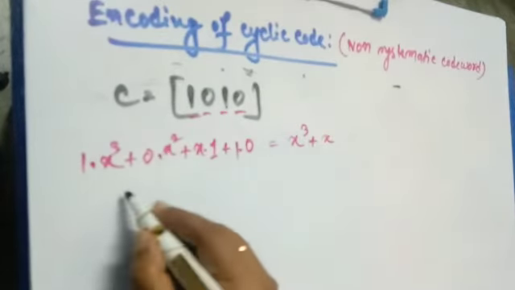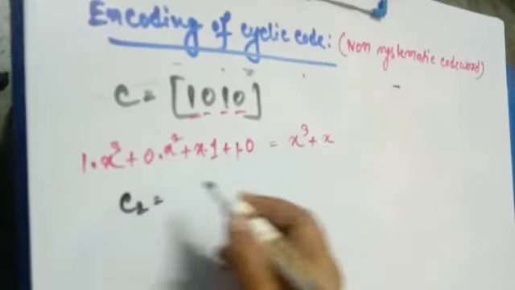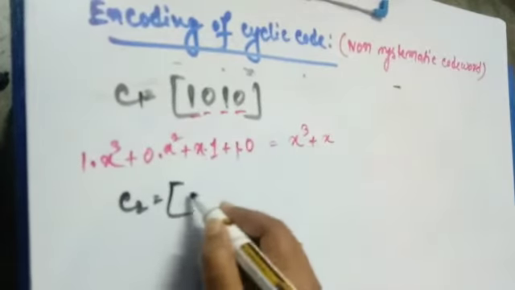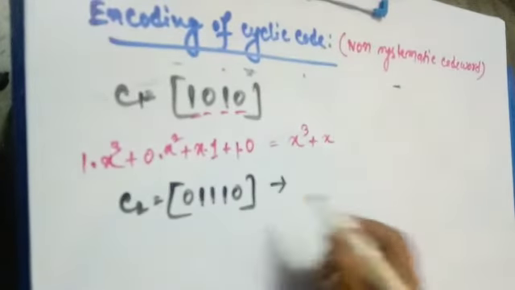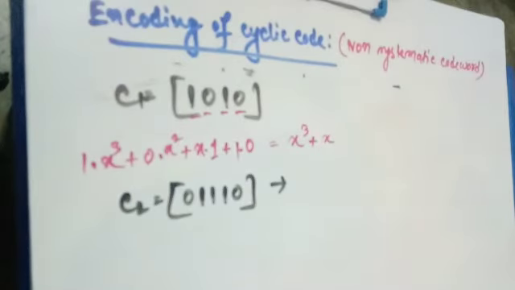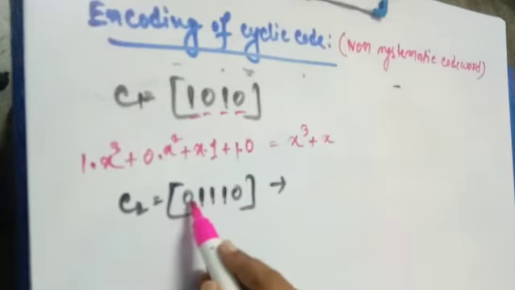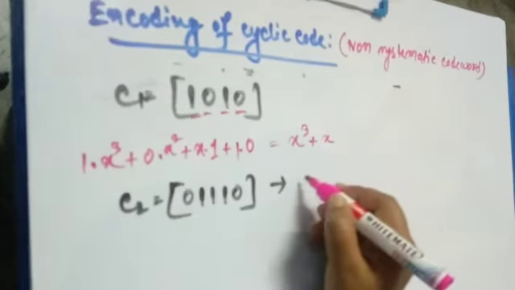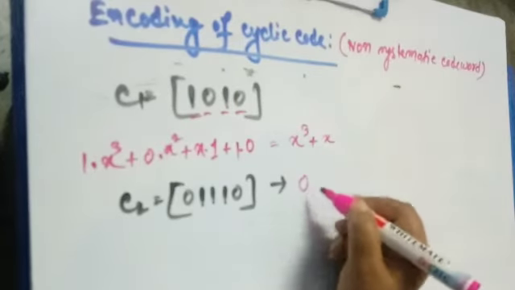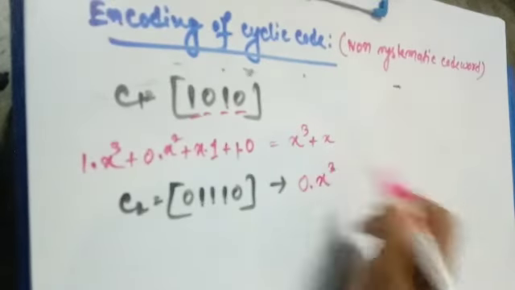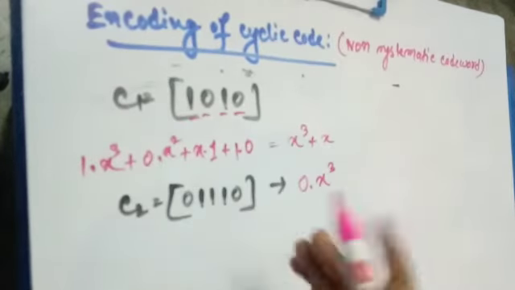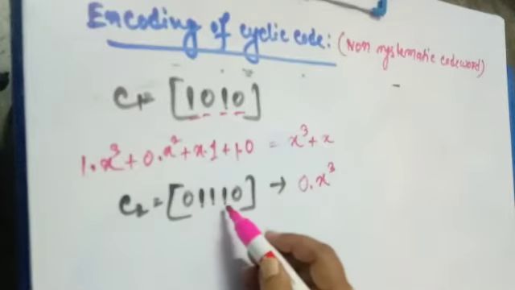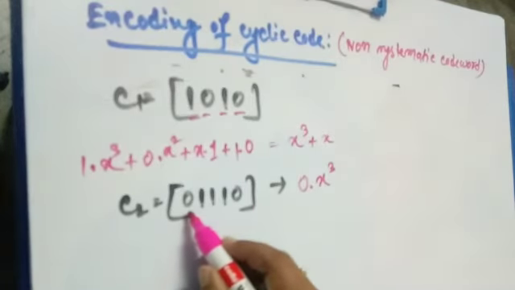Let's take another example. Suppose C2 is equal to 0, 1, 1, 1, 0. To convert it into polynomial form, we have to consider the last bit first, that is 0, then 1, 2, 3, 4. So the fifth bit is represented as 0 into x to the power 4, and for the fourth bit we consider x cube.